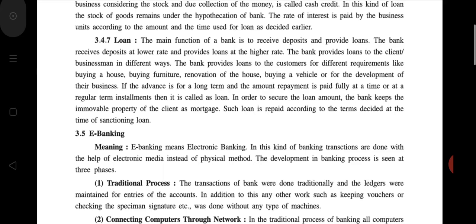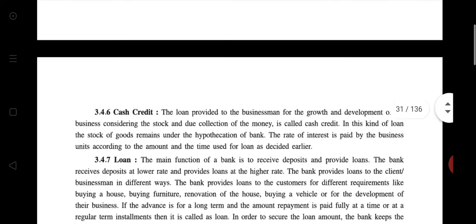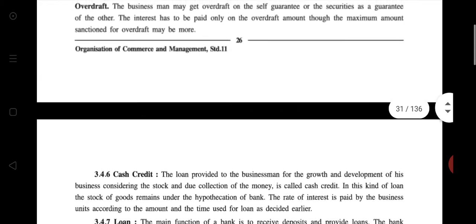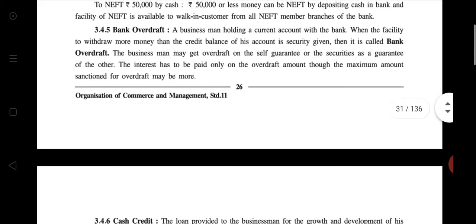Here we are done with bank overdraft, cash credit and loan. So just read one time, and then we are done with today's lecture and I will give some homework.